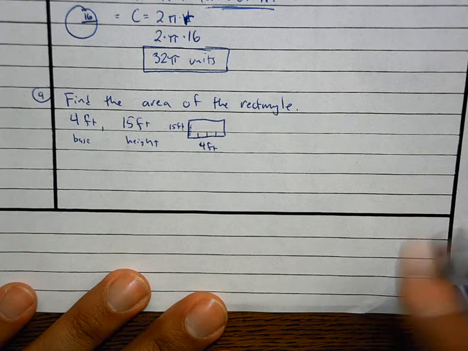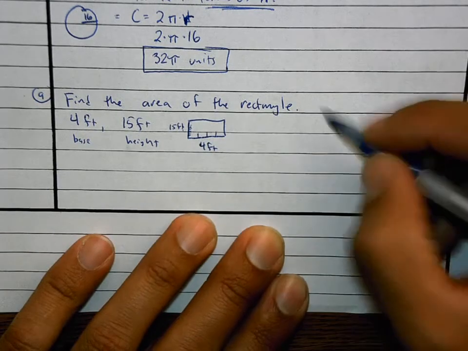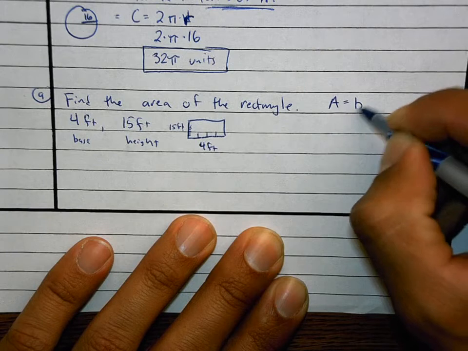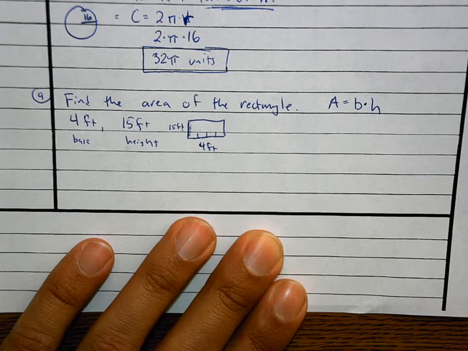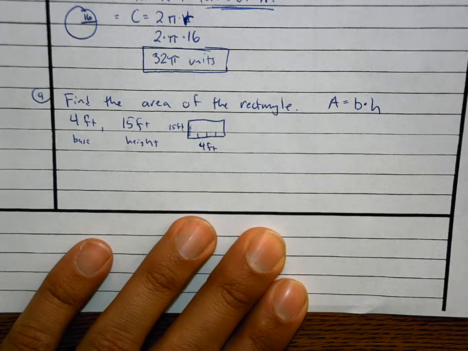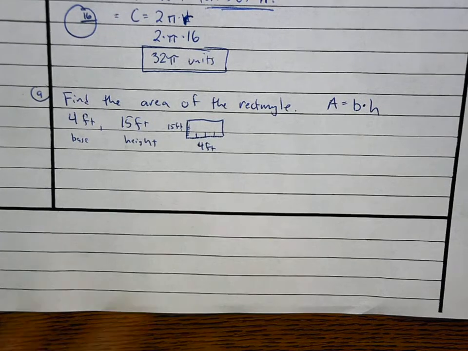And so I'm going to write this up next to this problem just in case you need to see it. The area of a rectangle is our base times our height. It's the fastest way to count all the squares that will fit inside a particular rectangle. I'm going to get my highlighter.